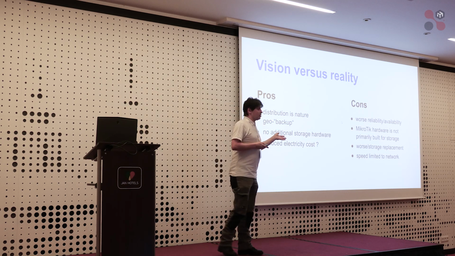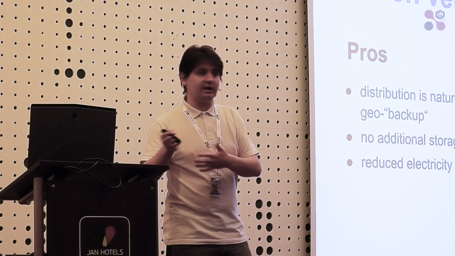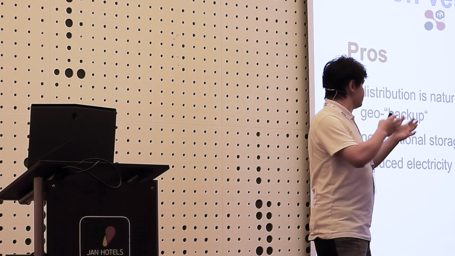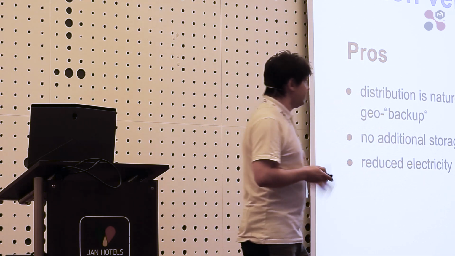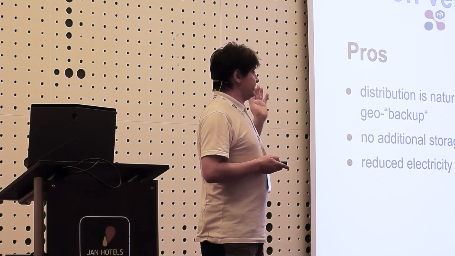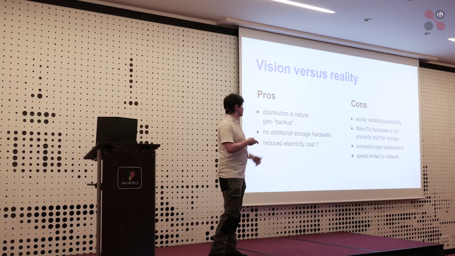But the network will be a limitation because in a data center, of course, you can have a 10 gigabit connection or even faster between servers and some storage, even if it's over network. And that will not be the case when you want to use some remote storage.